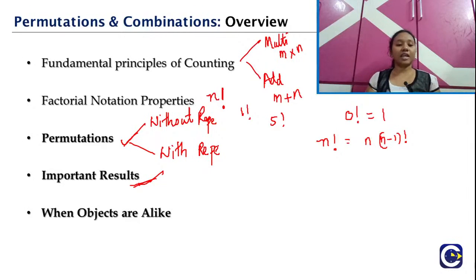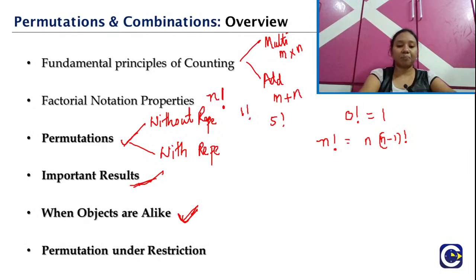That is a special case we are considering, and we'll discuss what happens when the objects are alike. There will be a special formula for it, which we'll look over as we move ahead in today's session.